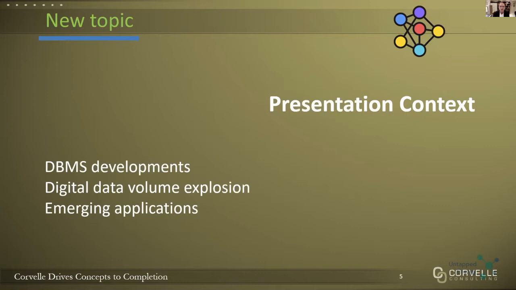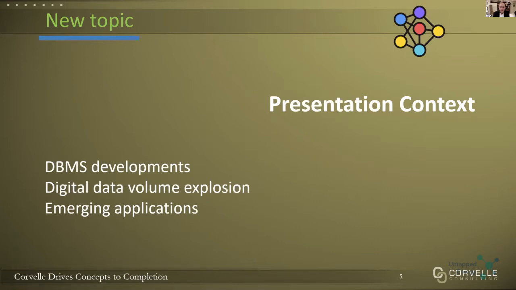These we can leverage to address business problems and create business value. Then there's the digital data volume explosion. I think we've all heard about that. And in the context of today's presentation, it's what's taxing the limits of what relational database technology can deliver to us. And then we'll talk about some emerging applications.